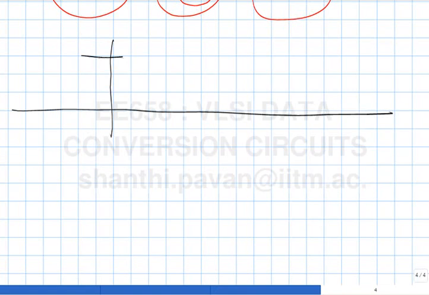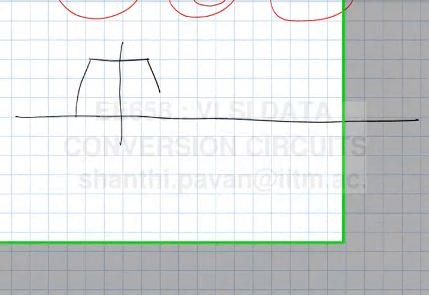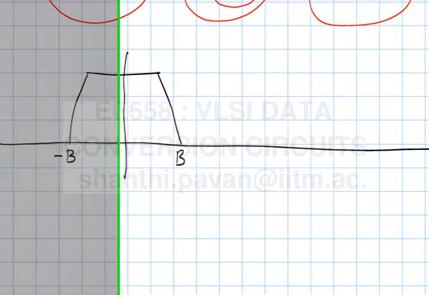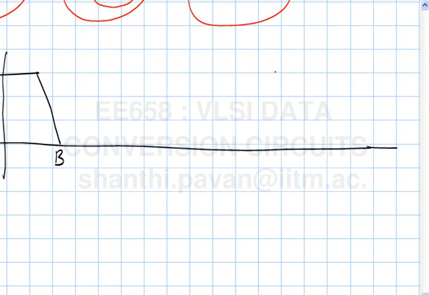So, if the signal band was restricted to plus minus B, and if I sampled this signal at rate Fs, the spectrum would repeat.